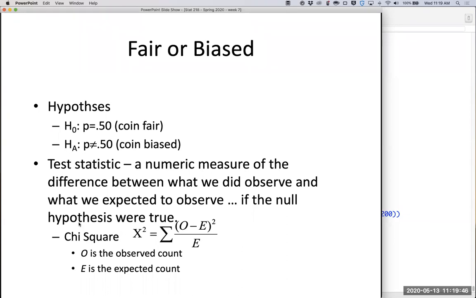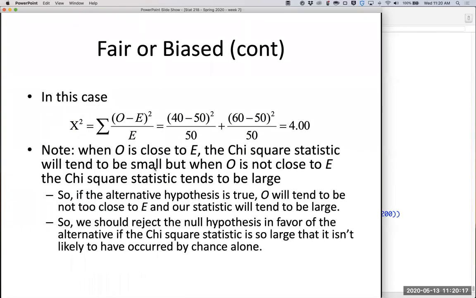So in our equation for this chi-square statistic, X squared, not really X, chi squared, think Greek organizations, chi squared. O was the observed count. I got 40 heads. I expected 50 heads, square that difference over the 50 heads, and I got 60 tails. I expected 50 tails, that difference squared over the 50 tails I expected to get. We're summing across both categories. We're summing across all categories.